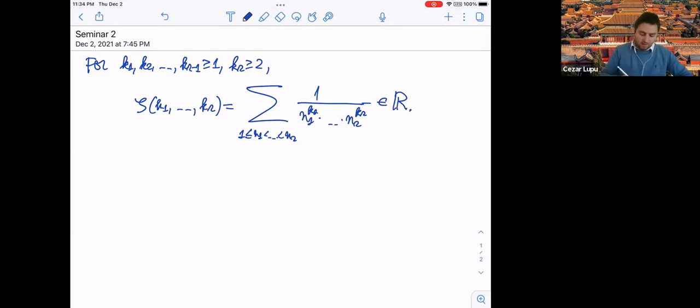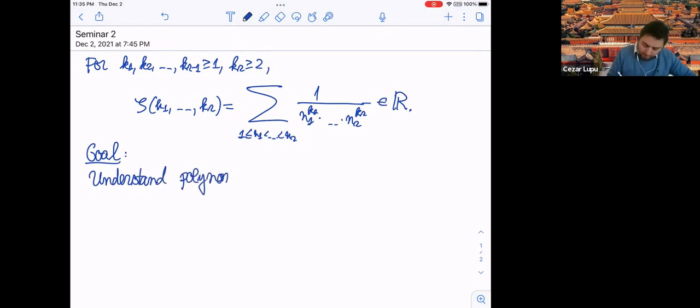And we said last time that the goal was to prove, eventually, the transcendence conjecture. In other words, the goal was to understand polynomial relations among odd zeta values.